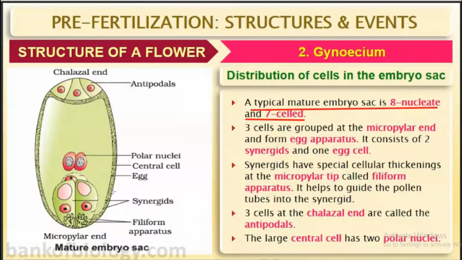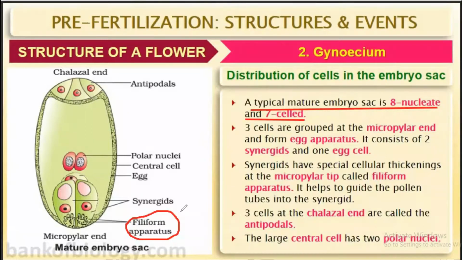Yes, we can see some cellular thickenings in the synergids. Yes, this particular area is known as the filiform apparatus. So what is the filiform apparatus? Synergids have special cellular thickenings at the micropylar tip called the filiform apparatus. What is the function of this filiform apparatus?